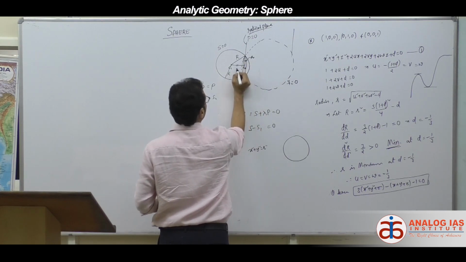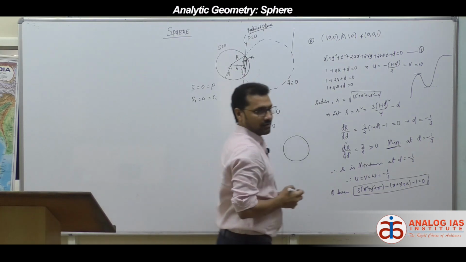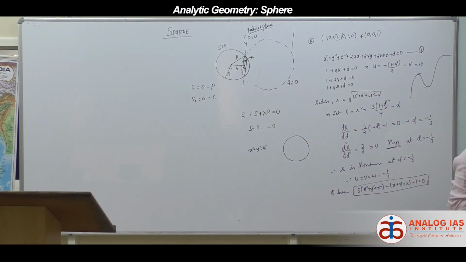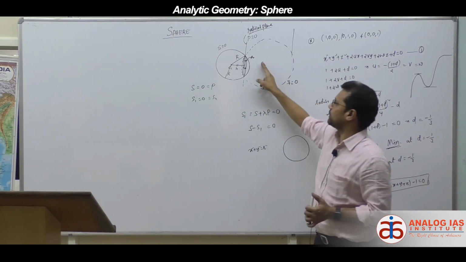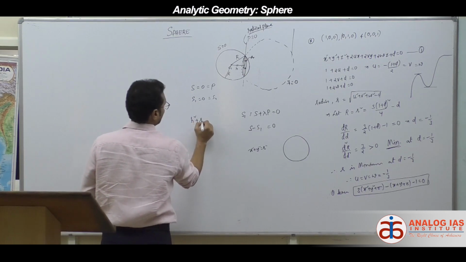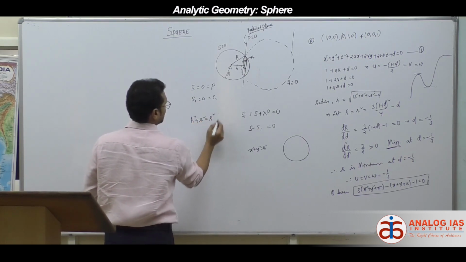If you know this perpendicular distance from the center of the sphere to the plane, if I know the perpendicular distance h, then h square plus small r square equal to capital R square.